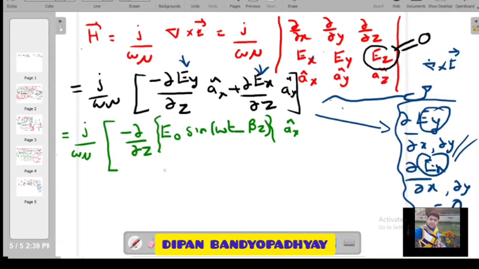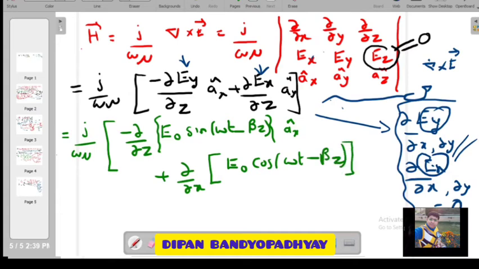Plus del by del z of the Ex component. Ex component is basically E naught cos of omega t minus beta z, and then the unit vector. So this is what you have. You can change the brackets. Sorry, this will be z.